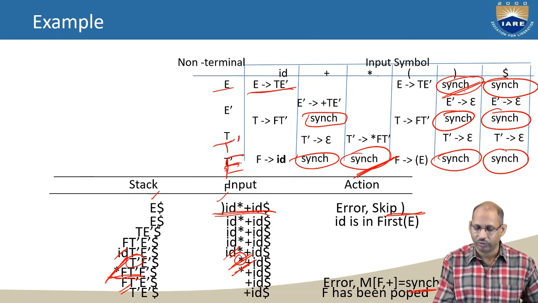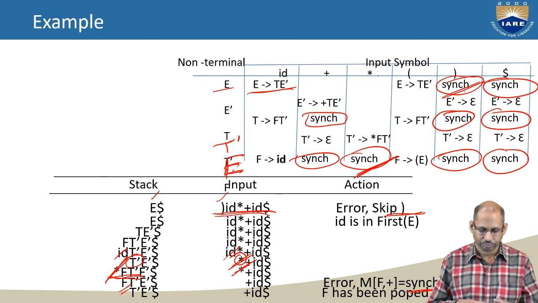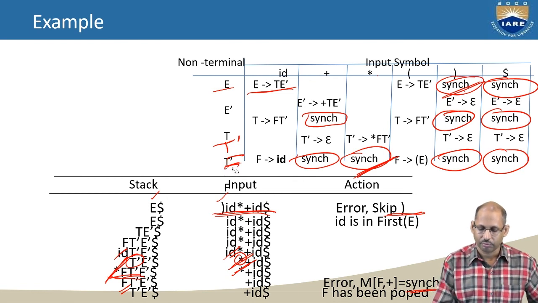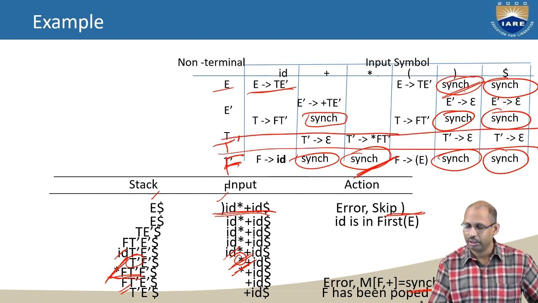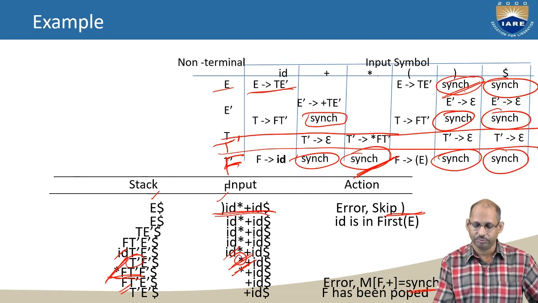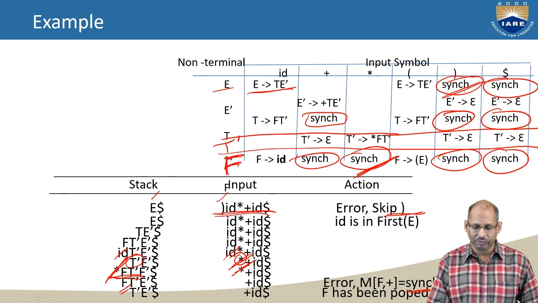This is T dash, this is F. So, T dash and multiplication, T dash is replaced with multiplication F T dash. This multiplication is removed.